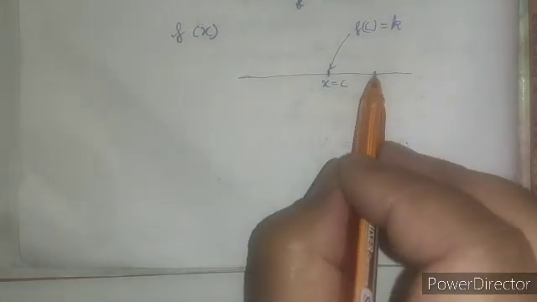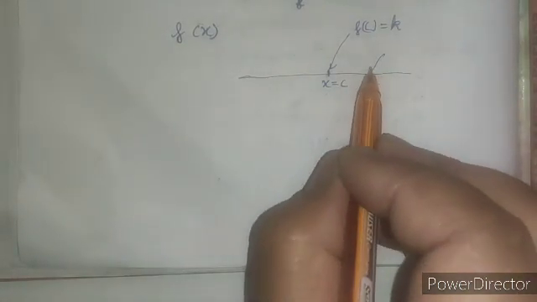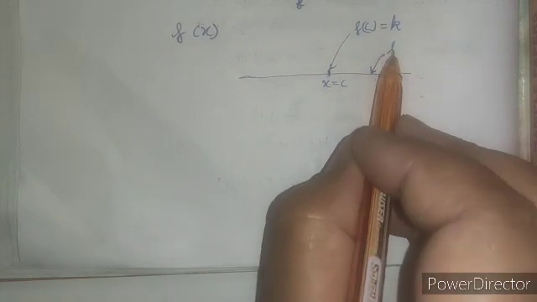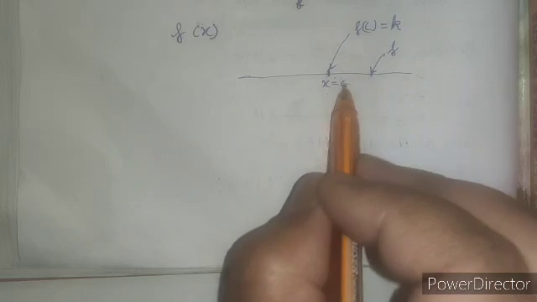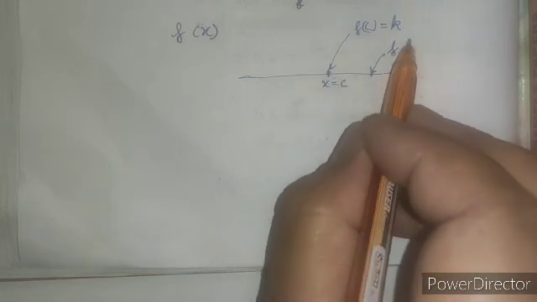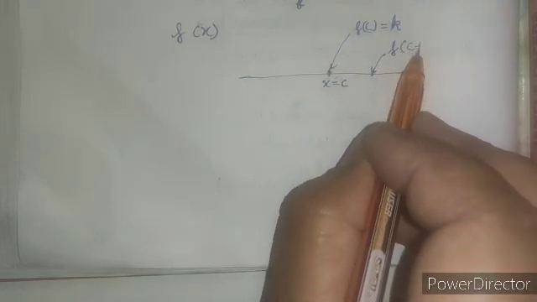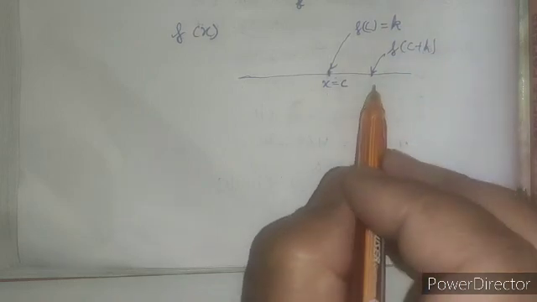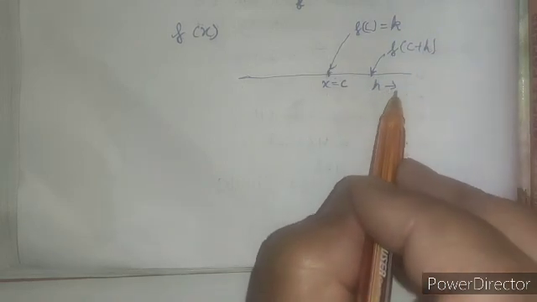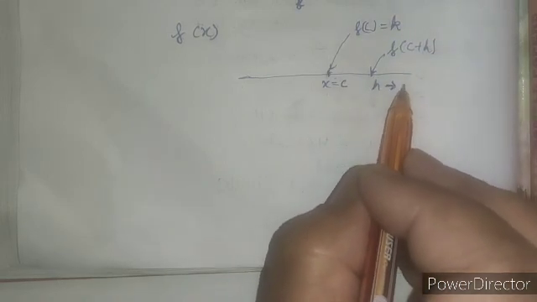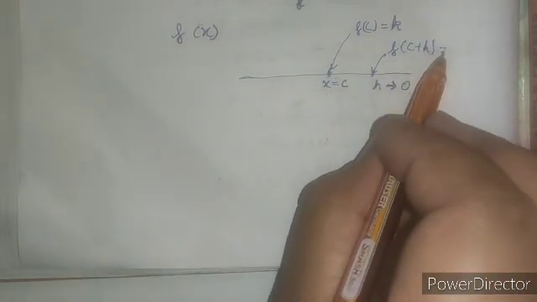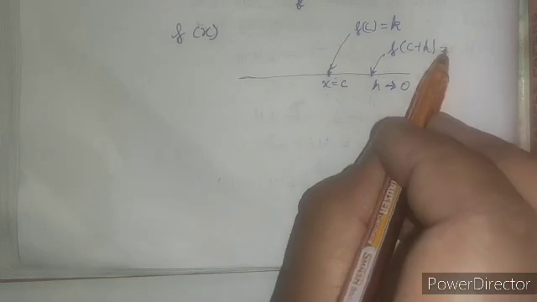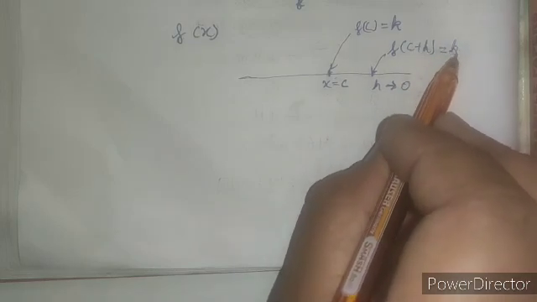After that we will find out the value of the function f at a point x on the right hand side of c, that is c plus h, where h is very small, or you can say h is tending towards 0, and the value of the function at c plus h comes to be k again.